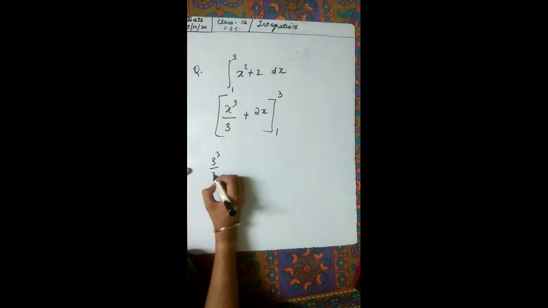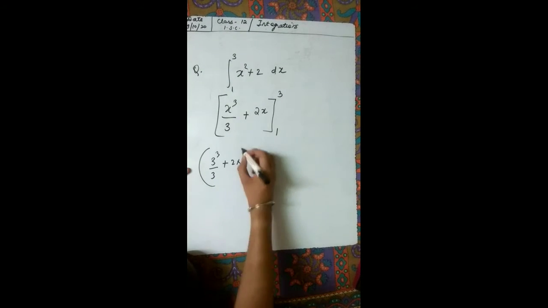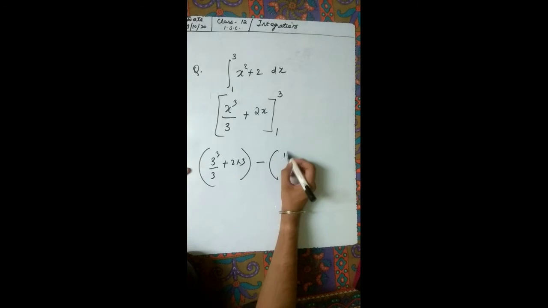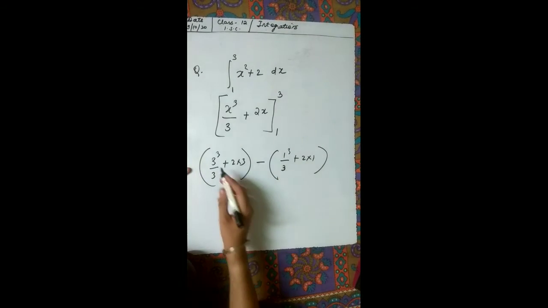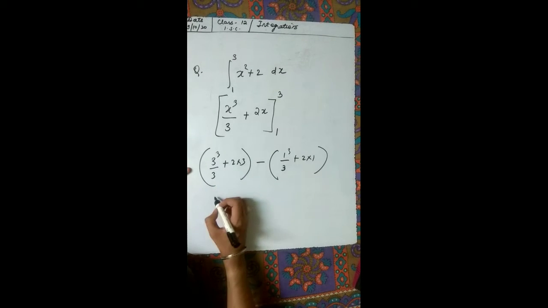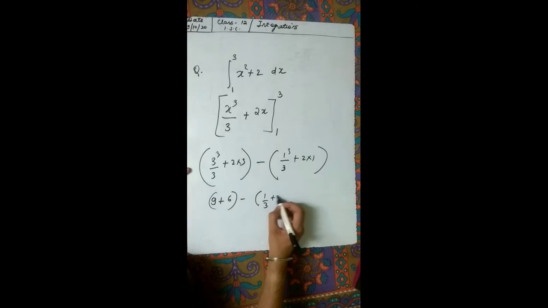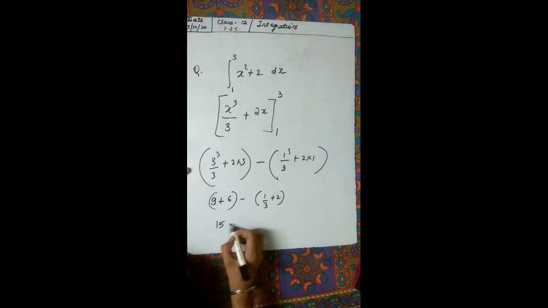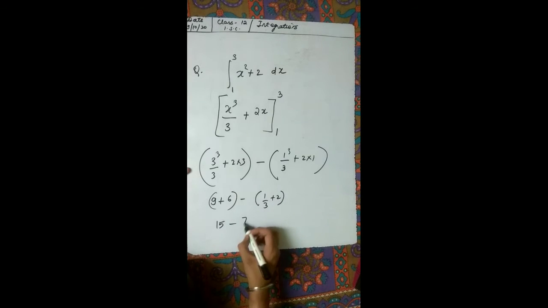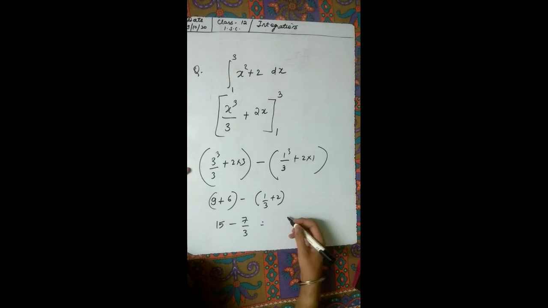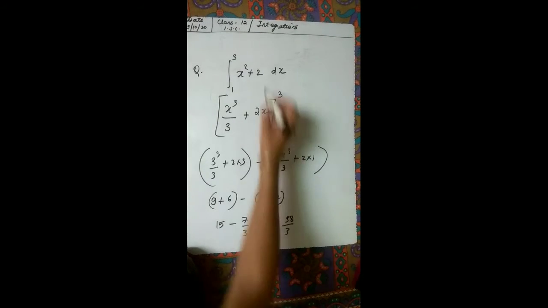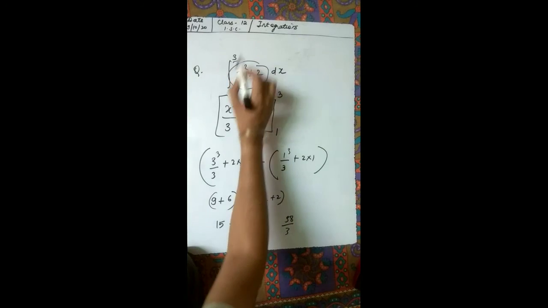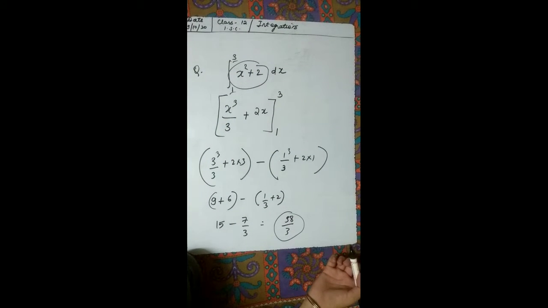That is 3 cube upon 3 plus 2 into 3, upper limit, minus lower limit. 3 cube upon 3 can be cancelled and we'll get 9 plus 6 minus 1 upon 3 plus 2. 9 plus 6 is 15, minus, take the LCM, it will be 7 by 3. 45 minus 7, 38 upon 3. This is the final answer. So the value of this function on limit 1 to 3 is 38 upon 3.